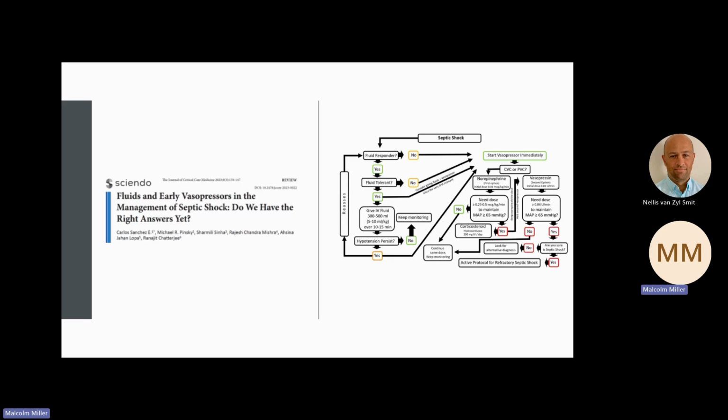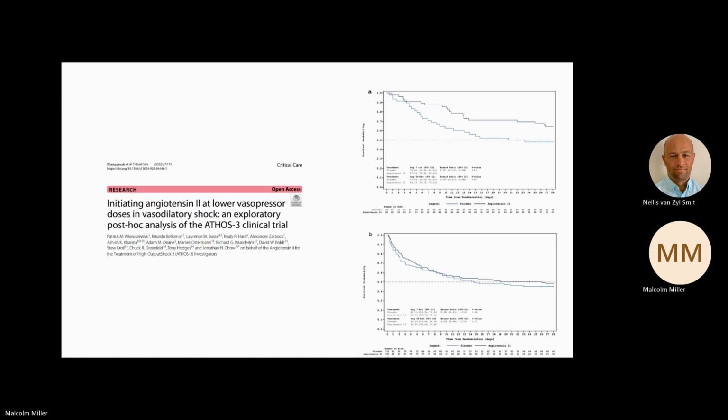We know that the outcomes of septic shock are certainly going to be primarily determined by early antibiotics, source control, getting on with treating the sepsis, and vasopressors are merely supportive therapy for managing the patient's hemodynamics.